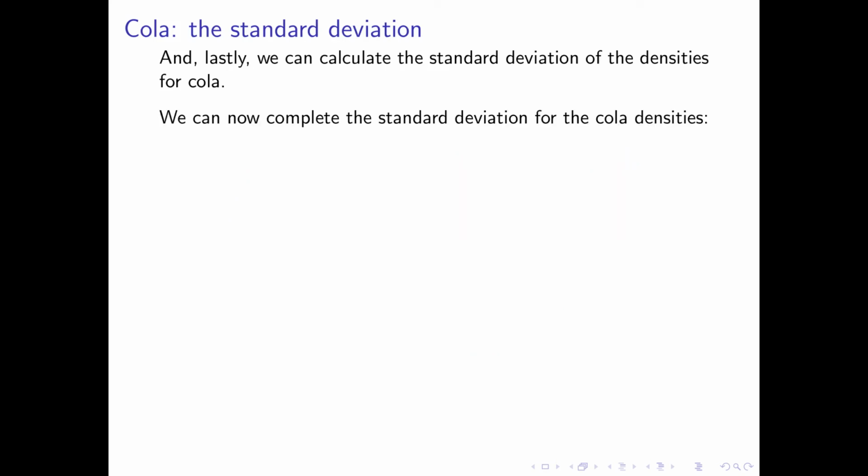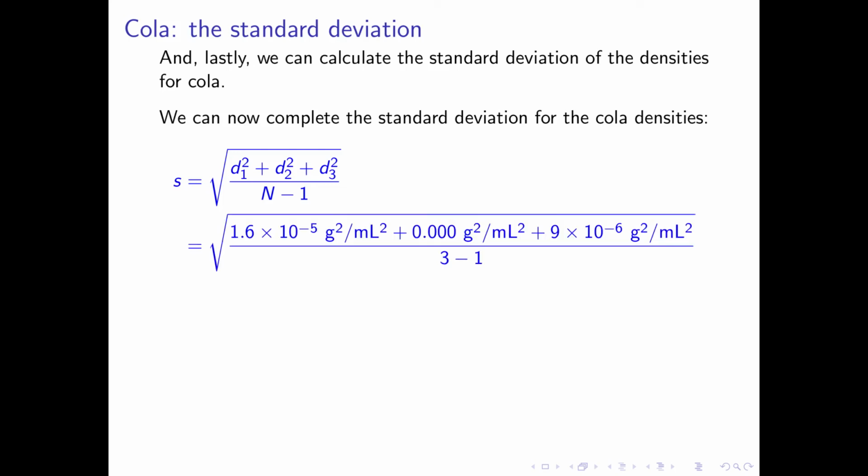We can now complete the standard deviation for the cola densities. Recall that the standard deviation S is equal to the square root of the sum of the individual deviations squared divided by n minus 1. In this case, the numerator becomes 1.6 times 10 to the negative 5 square grams per square milliliter plus 0.000 square grams per square milliliter plus 9 times 10 to the negative 6 square grams per square milliliter, all divided by 3 minus 1.